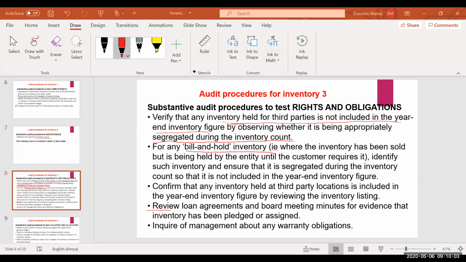Then you can also inquire of the management about any warranty obligations. But just before we go to the next point, regarding a floating charge, you may want to review the loan agreement and assess whether there is any term and condition of that loan agreement that the company has not fulfilled.